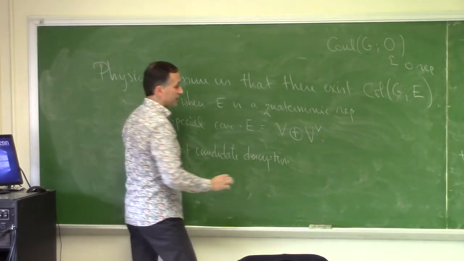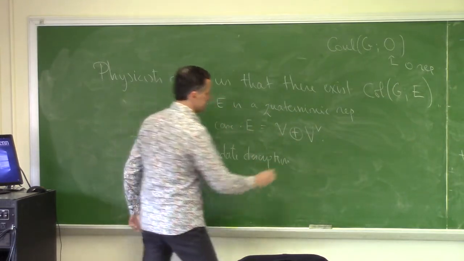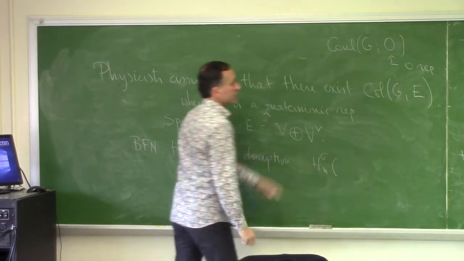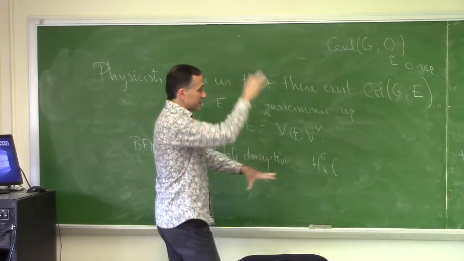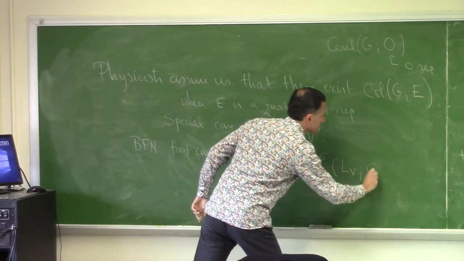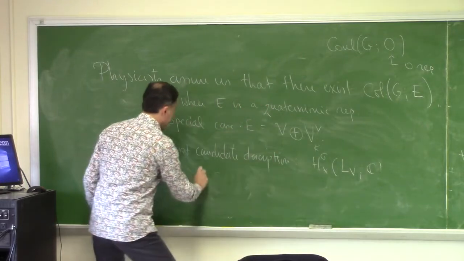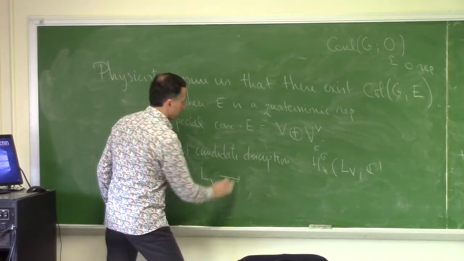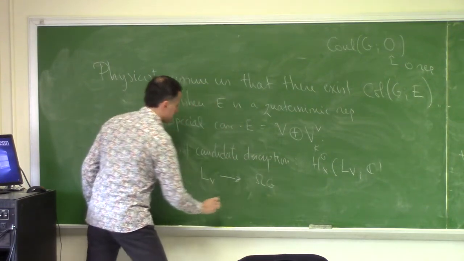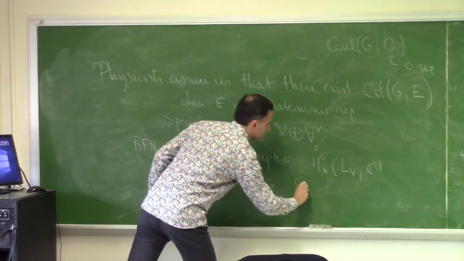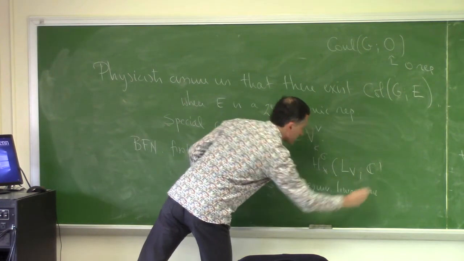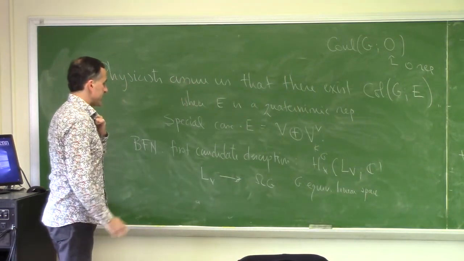And I probably won't have time for the details anyway, it's explained very nicely in that paper. It's in terms of the equivariant homology, not of the based loop group, of something slightly more complicated. We may call it L sub V, with complex coefficients, or we could put A as well, where L sub V is a linear space over omega G, a G-equivariant linear space over omega G. I'm saying a linear space, not a vector space, because it's stratified.